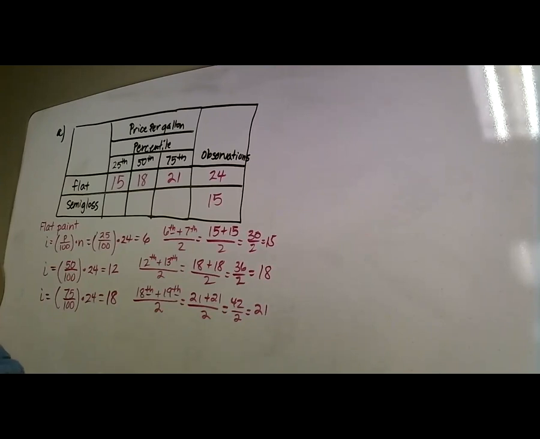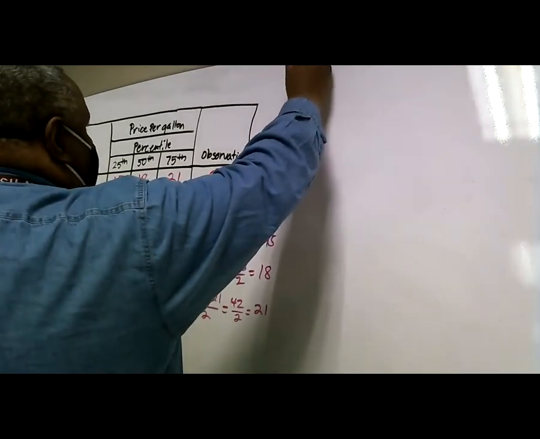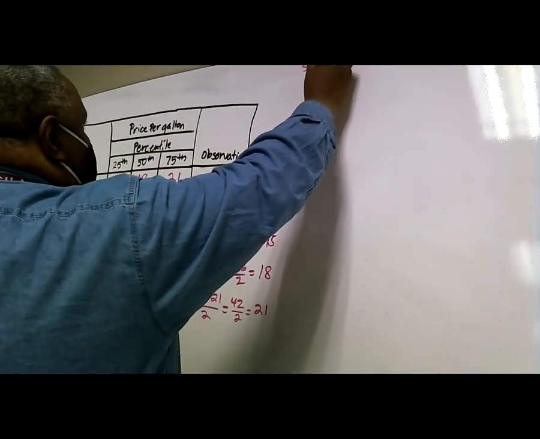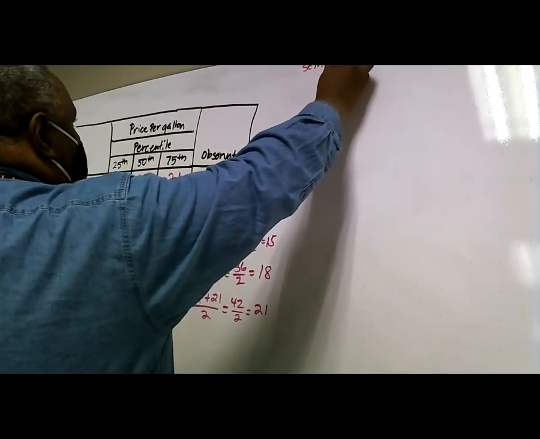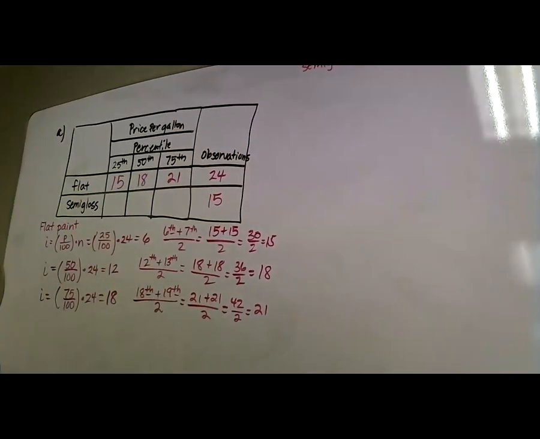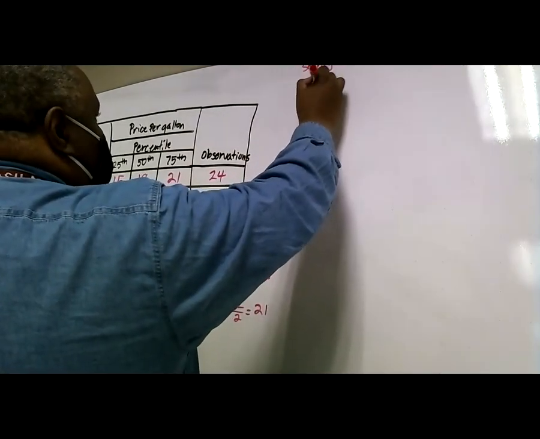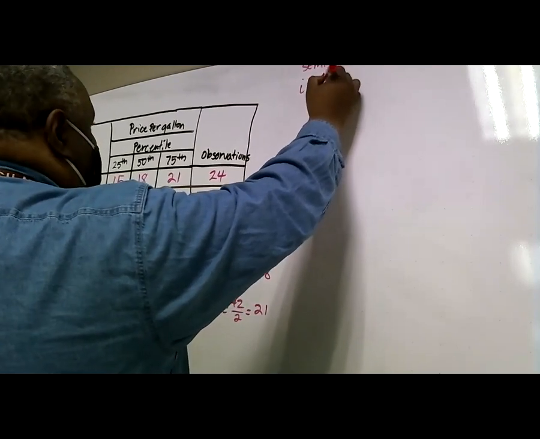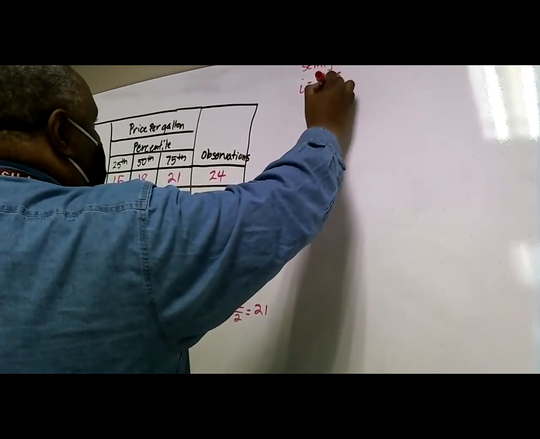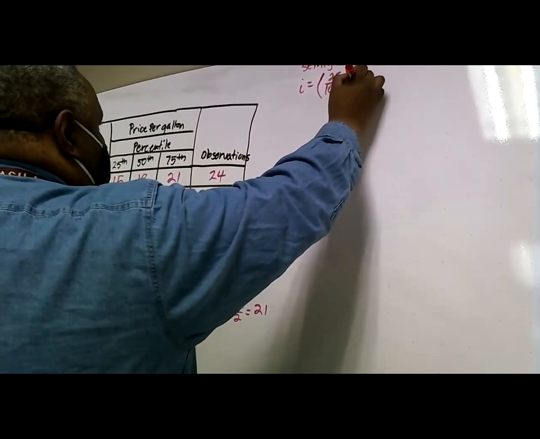Now let's look for semi-gloss, the numbers that represent the 25th, the 50th, and the 75th percentile. Okay, let's start with the 25th percentile. Still using P over 100 times N, that's 25 over 100 times.